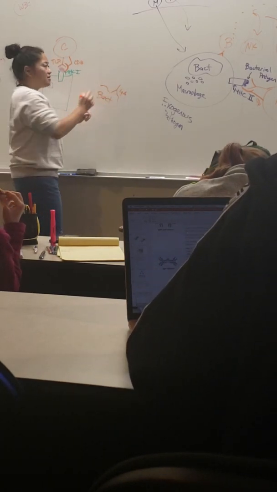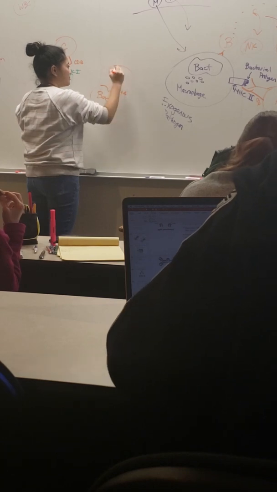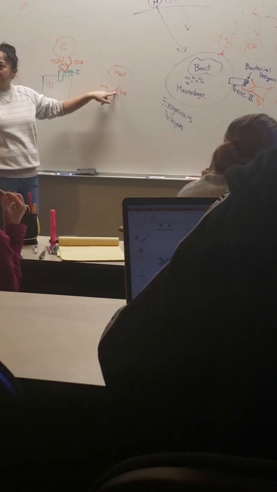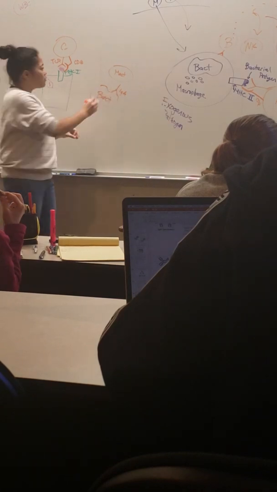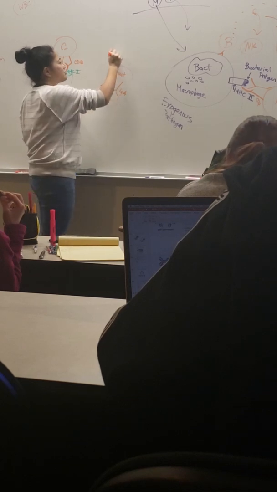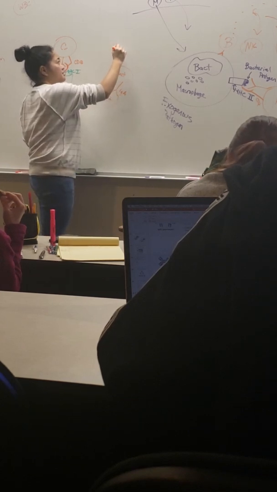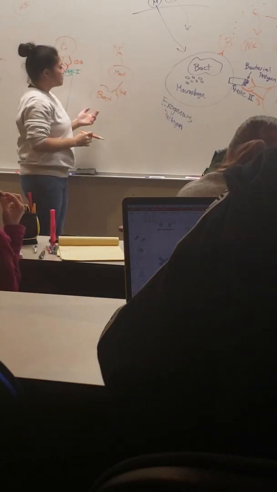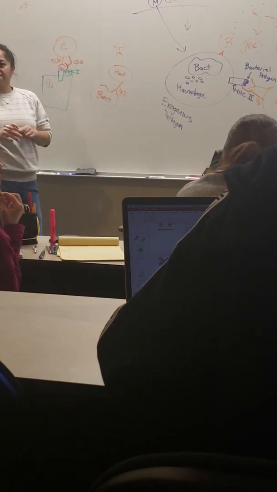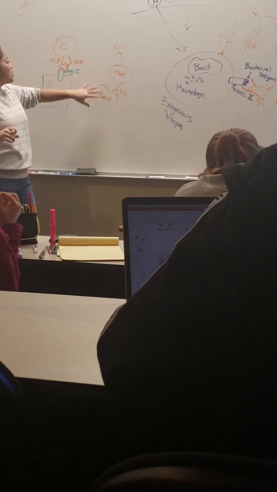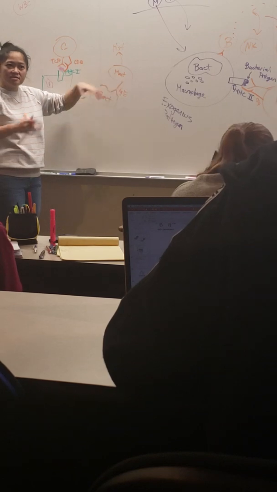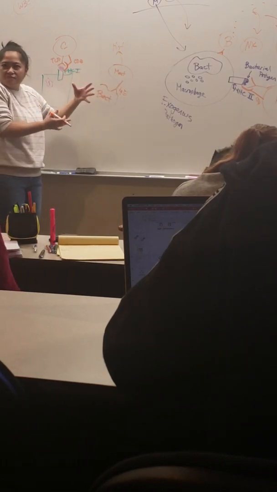The mast cell sees and recognizes this IgE right here, and when it sees and binds to that IgE, then that's when it releases your histamine. Okay? So the IgE's whole purpose is to activate the mast cells and your basophils in the first place.